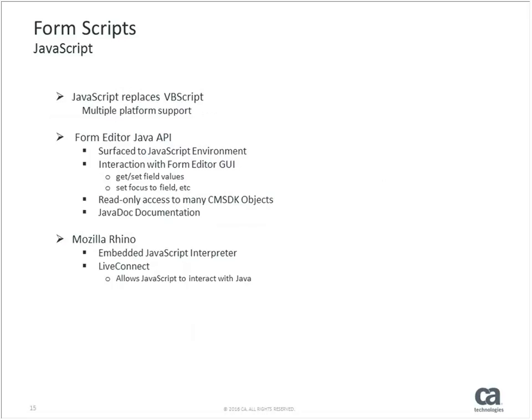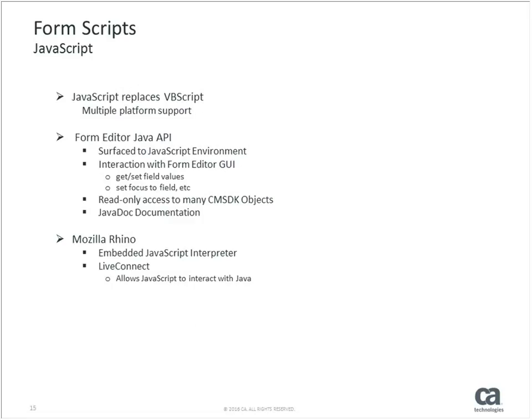Coming to JavaScript, prior to R12.x, in 7.1, we were supporting VBScript in the form files, in the form of HTML, where VBScript was used as the scripting language. But from R12.x, we are supporting multiple platforms such as Linux and Mac.